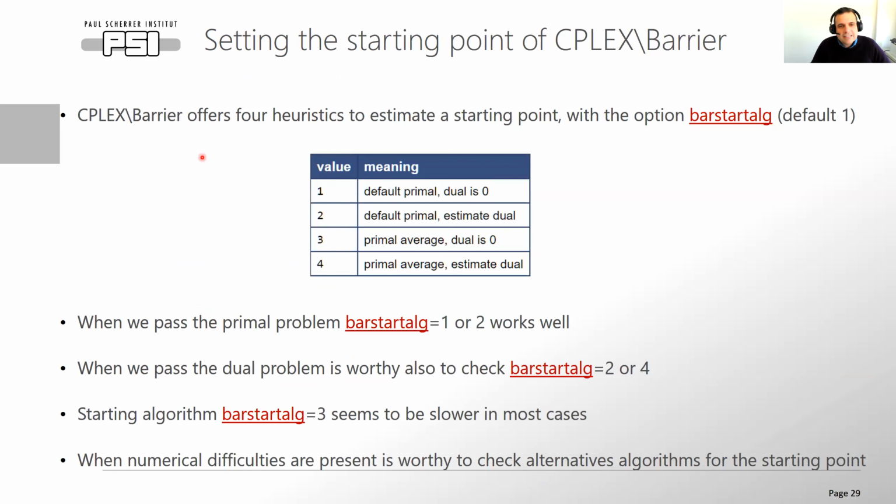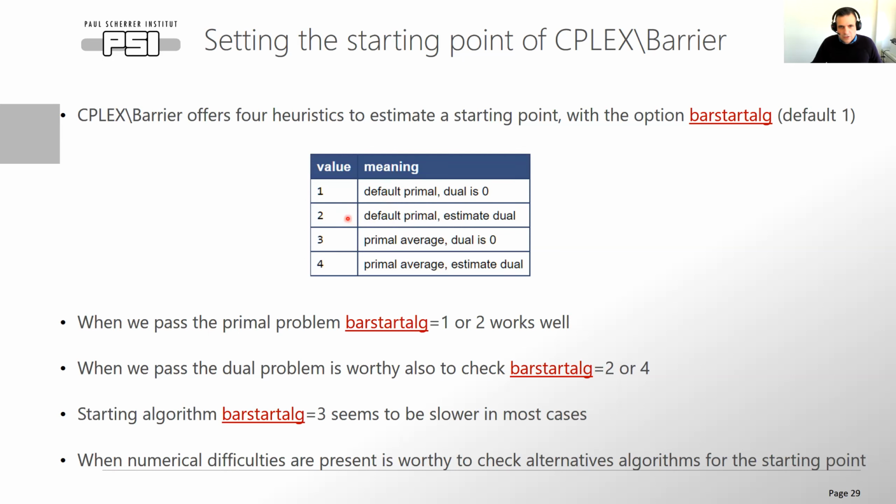Now, let's see the second option, the starting point of the CPLEX barrier algorithm. Again, we have 4 options to choose, and it's worthwhile to test all of them. Usually when we pass the primal problem, as in this case, 1 or 2 are better, because they try to estimate the primal.